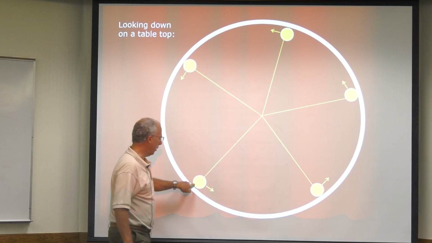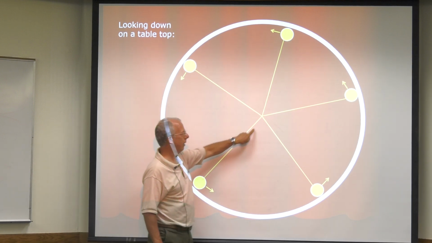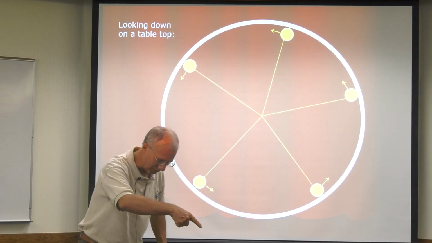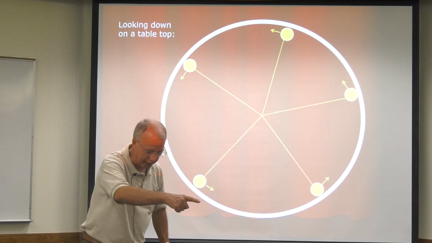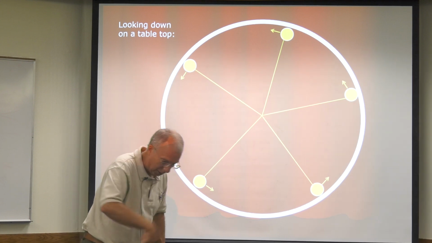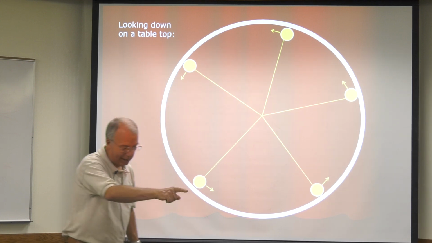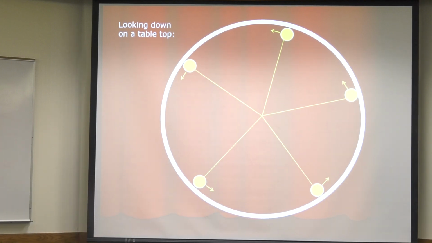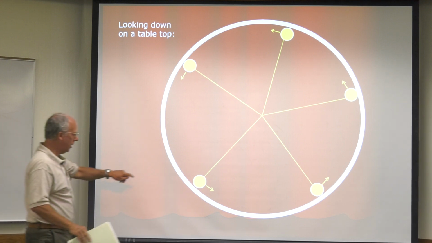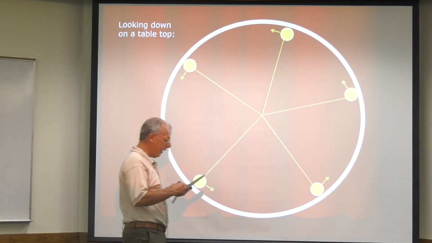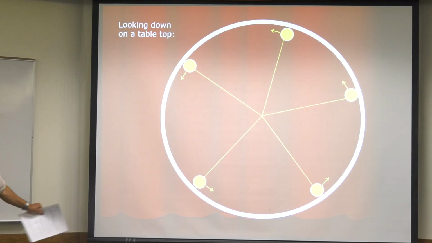And this is a cylinder, and this is a string. So here's a tabletop with this metallic ring, and I have the little cylinder with a string, and I'm just going like this, right? So the cylinder is going around and around. So this is what it looks like, looking down on a tabletop. The cylinder just goes around and around and around, okay? And we're going to ignore friction.